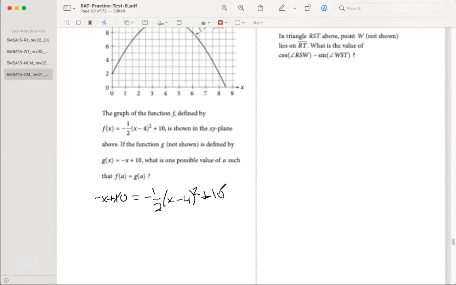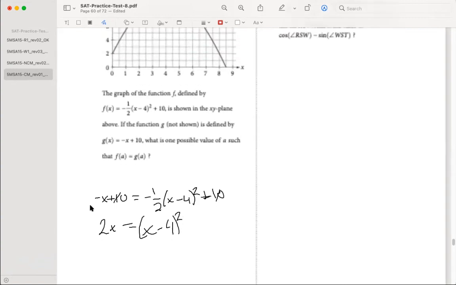Yeah, so the 10s cancel out. So then 2x equals... So then you can factor this out.